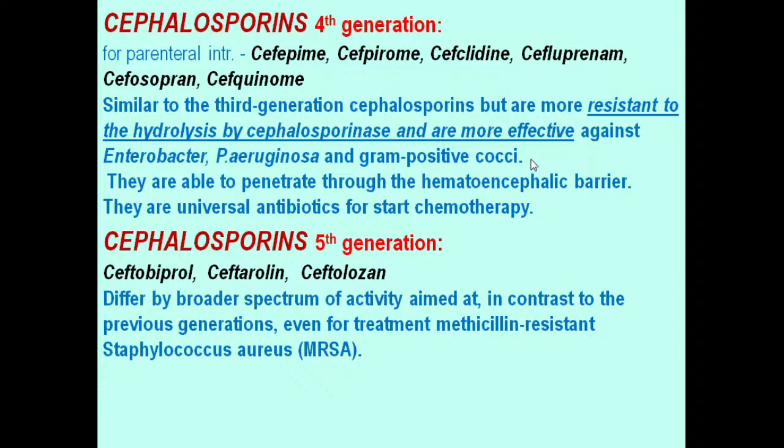If third generation is almost not effective against gram-positive, fourth generation again, like second generation, acts on gram-negative, a lot of different bacteria, but also gram-positive cocci. They are able to penetrate through the hematoencephalic barrier, and they are universal antibiotics for starting chemotherapy.